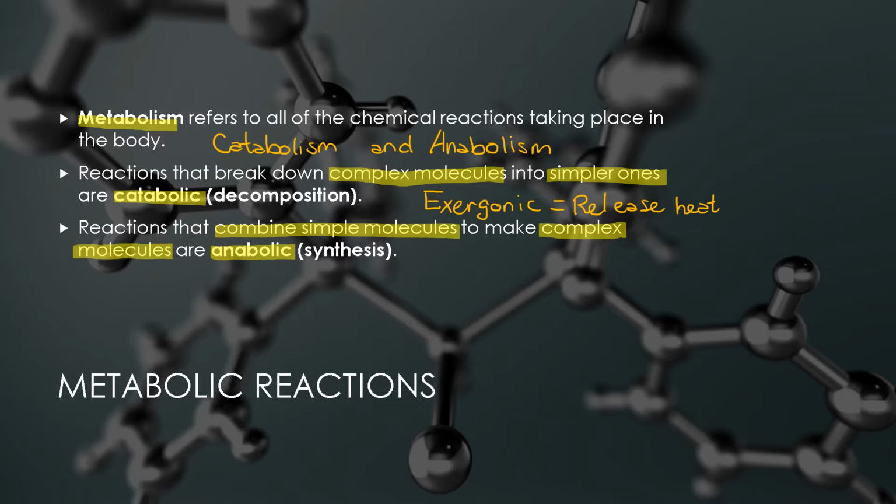Now, an example of an anabolic reaction would be the formation of peptide bonds between amino acids during protein synthesis. Because we would take an amino acid and another amino acid, a whole bunch of amino acids, and in an anabolic reaction, we would bond those amino acids together to take the simple singular amino acids and bond them together into a larger, more complex molecule.